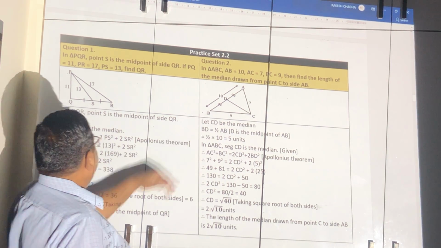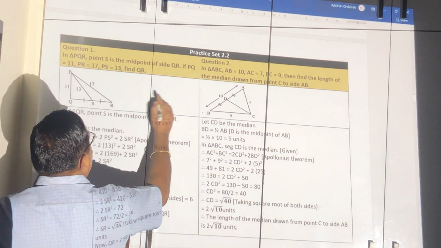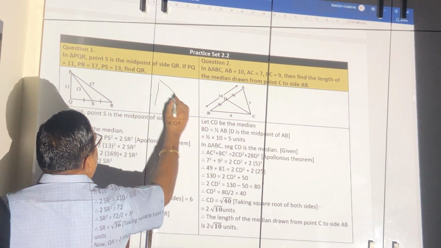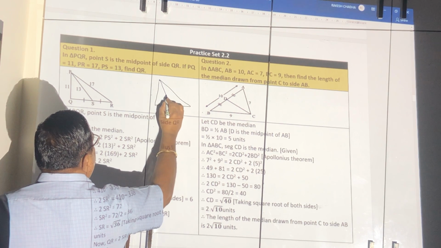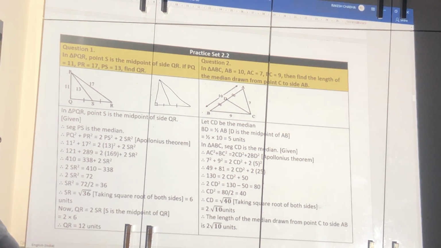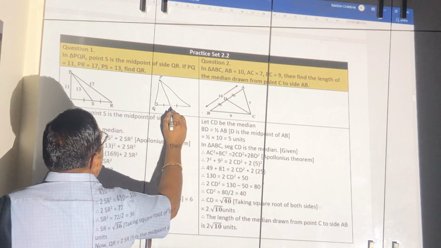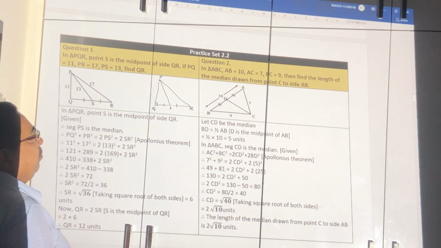Apollonius theorem, my friend, says, I remind you, Apollonius theorem in shortcut. If I have a median, if there is a midpoint, triangle PQR, and S is the midpoint.